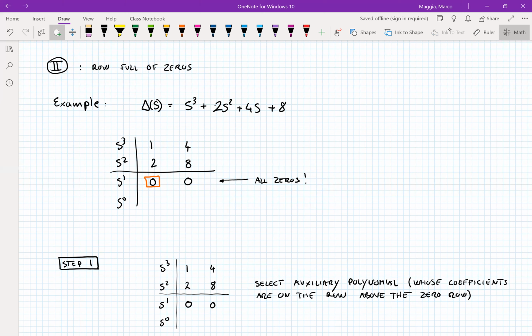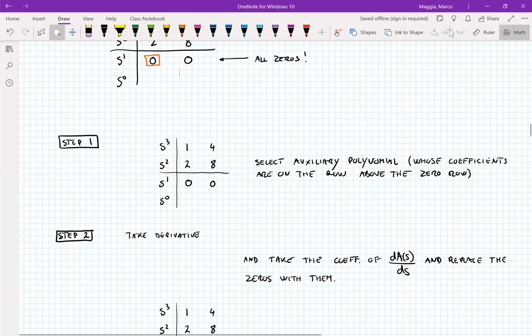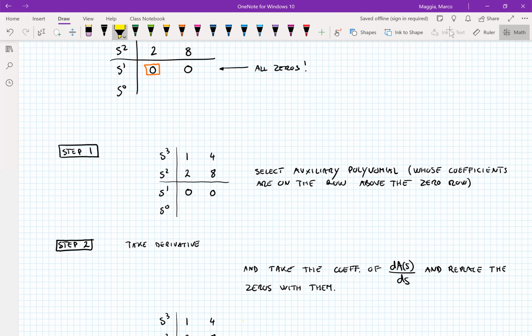So how do we tackle this case? Well, step one is we need to select a so-called auxiliary polynomial by taking a look at the row right above the row full of zeros. So in this case, we have this row over here.